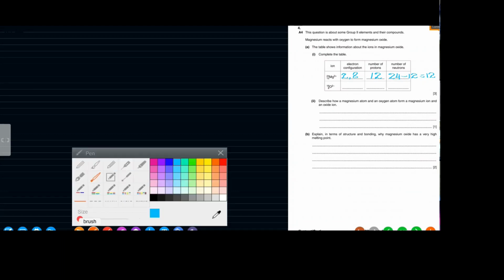Okay, so in oxygen, you have 8 protons, the number of neutrons will be 8, and originally it has 2-6 electron configuration, and then it's going to have 2-8, right? Okay, describe how a magnesium atom and an oxygen atom form a magnesium ion and an oxide ion.